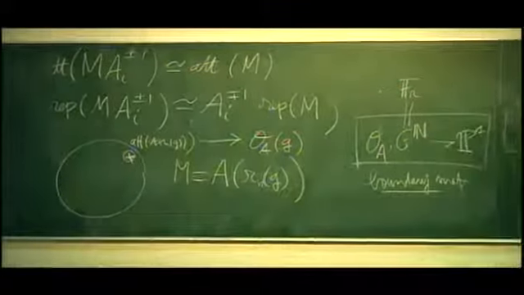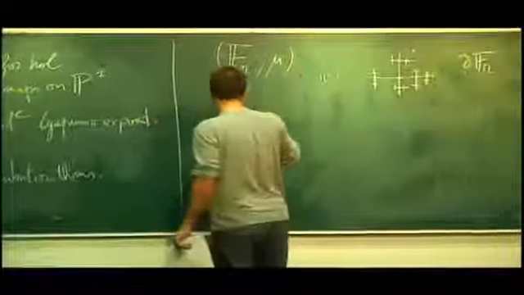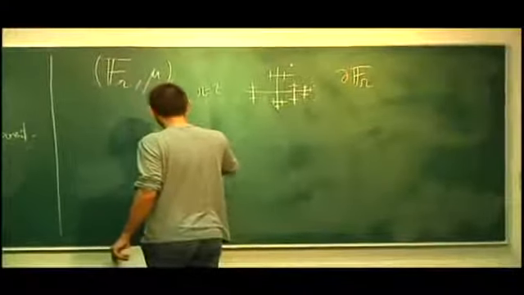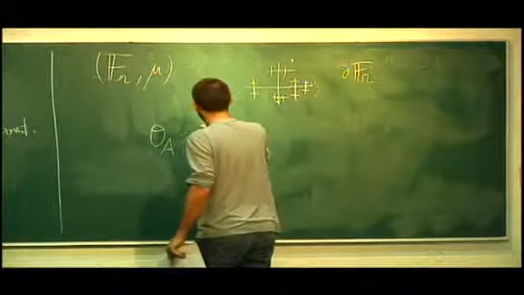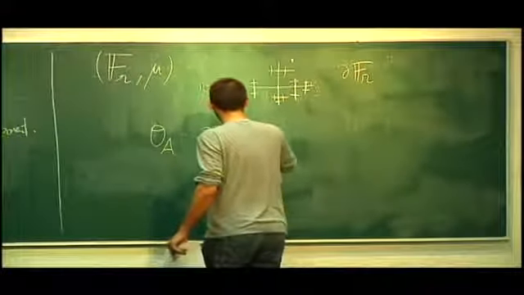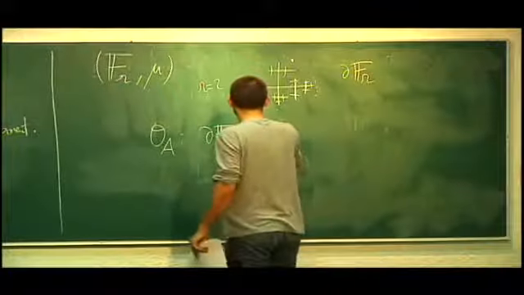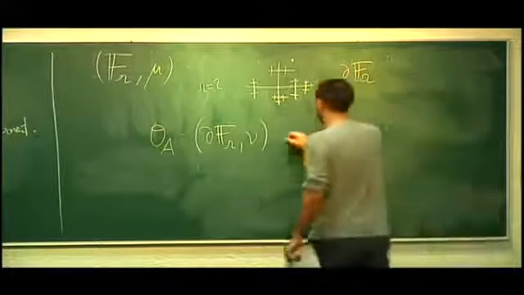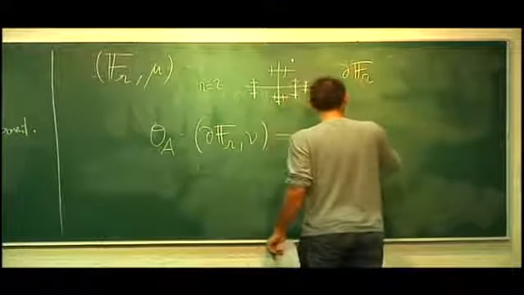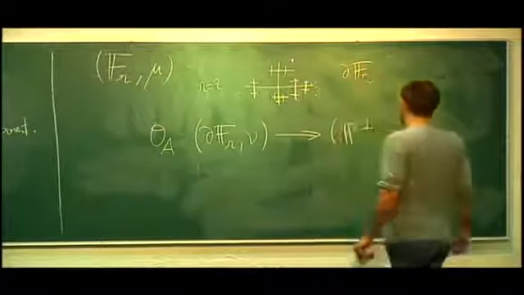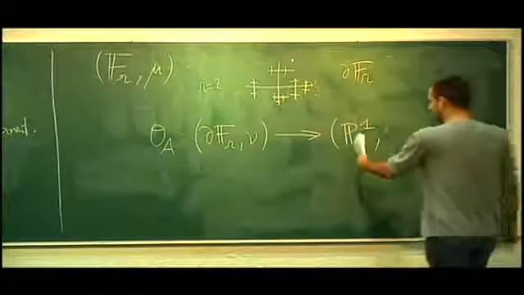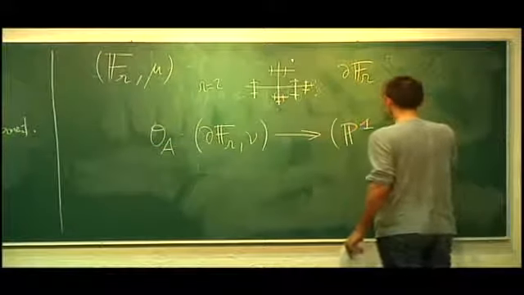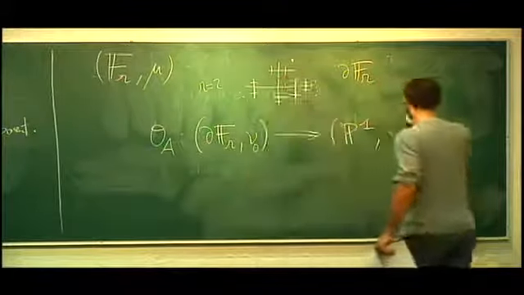And at the end of that, what you get is that the map theta A, it's better to think of this as being a map from the boundary of the free group, equipped with some measure called a stationary measure nu 0, to the Riemann sphere, equipped also with another stationary measure on P1.